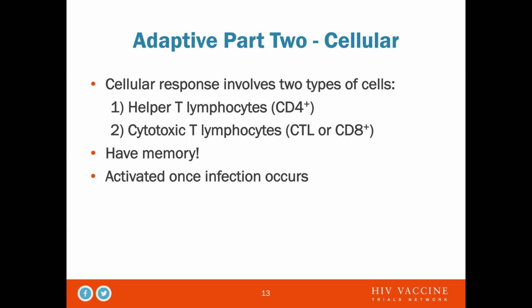The cellular response cannot prevent infection, similar to NK cells. It gets activated only after cells are infected. The good news is that, different from the NK cells, this immune response has an immunological memory that can be trained by vaccines. This type of immune response may be able to clear an established infection.